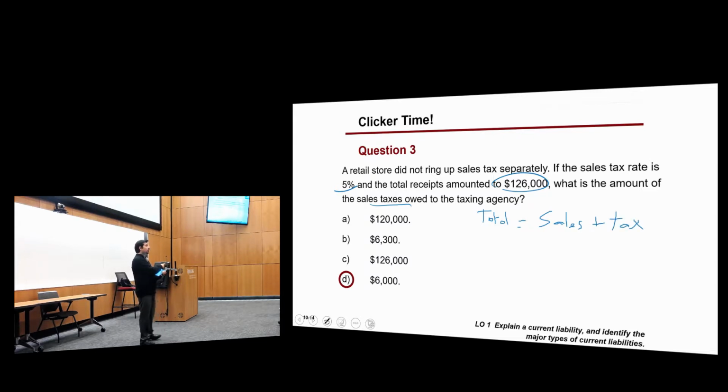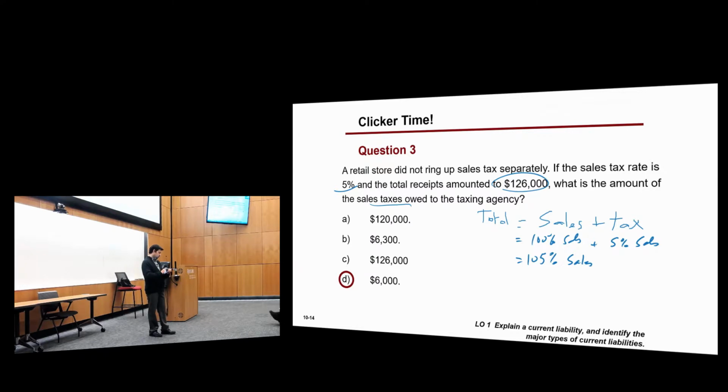When you have total equal to sales plus tax, sales is 100% sales plus 5% sales. That's equal to 105% sales.